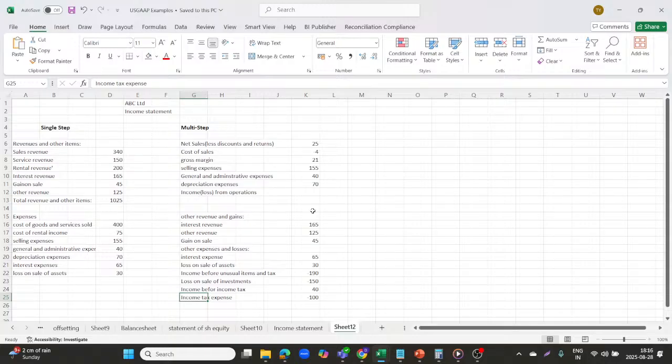Then the second, as I talked about, there were two formats, single step and multi-step. Here also there is one concept called the gross concept.